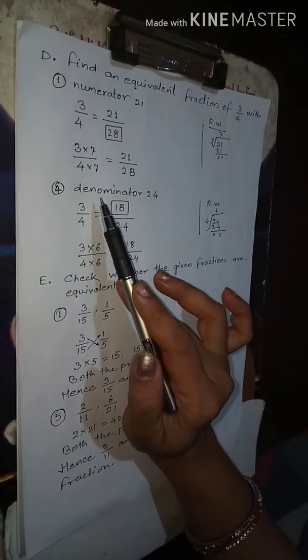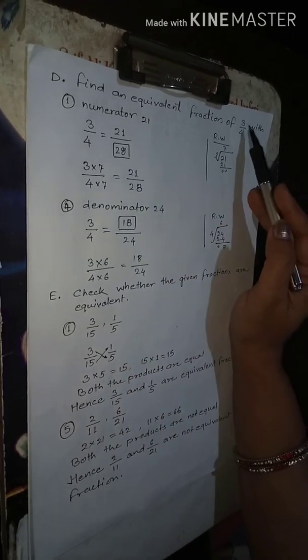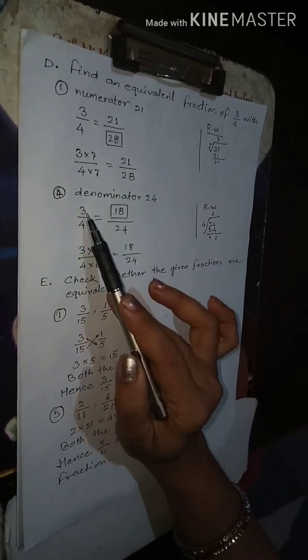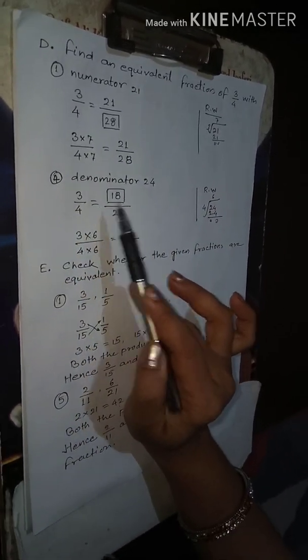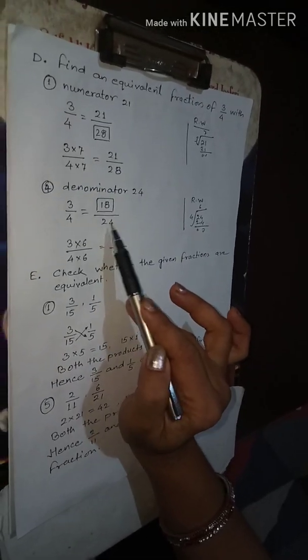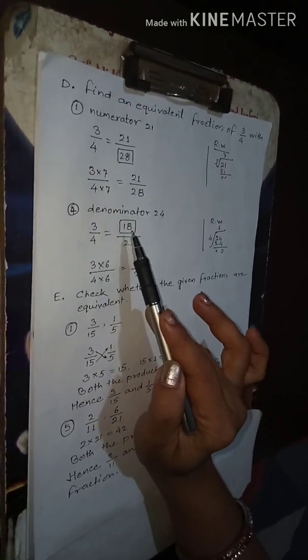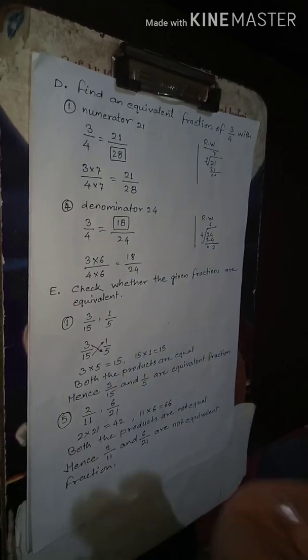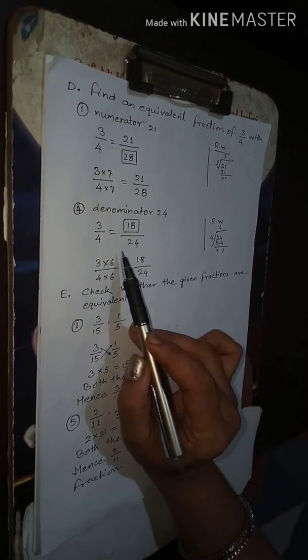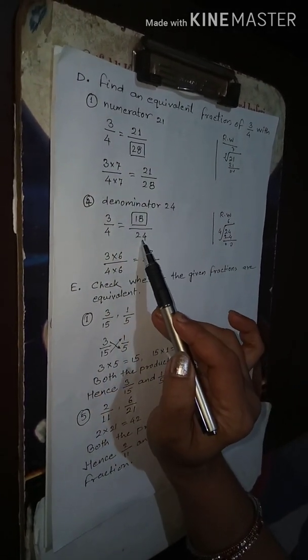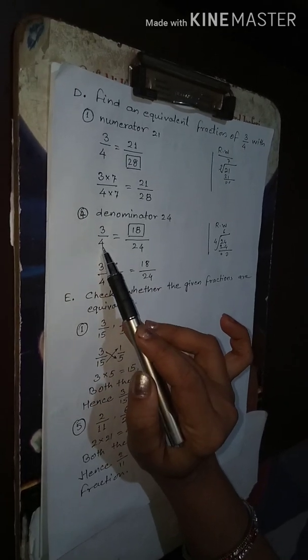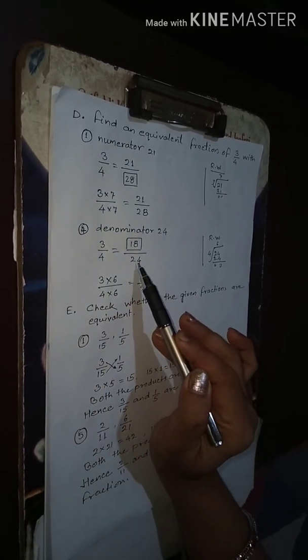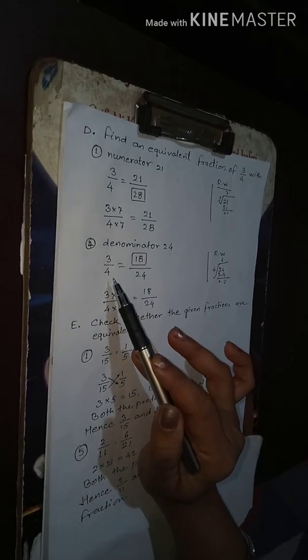Question number 4. Denominator 24. So we will write like that. 3 by 4 equal to denominator given 24, numerator we have to find out. So look at the question. To get denominator 24, we will multiply 4 by which number? So we will divide this 24 by 4.